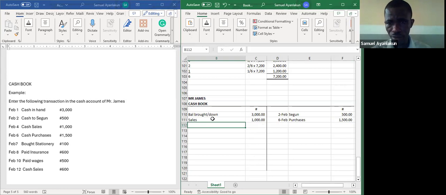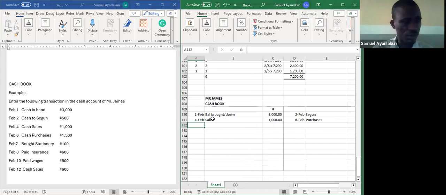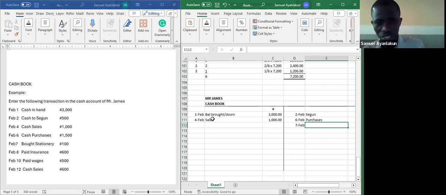Also February 7th, stationery. When you are buying stationery, your cash is going to reduce. That means the stationery value is increasing while your cash is reducing.